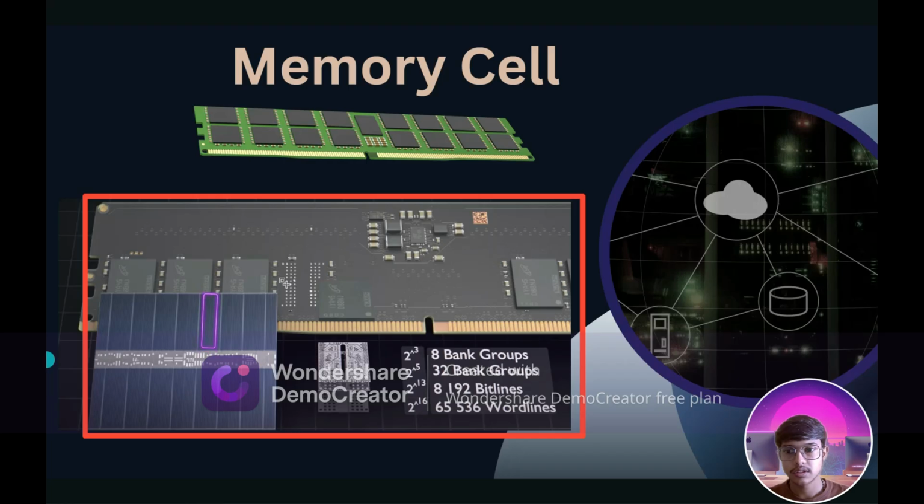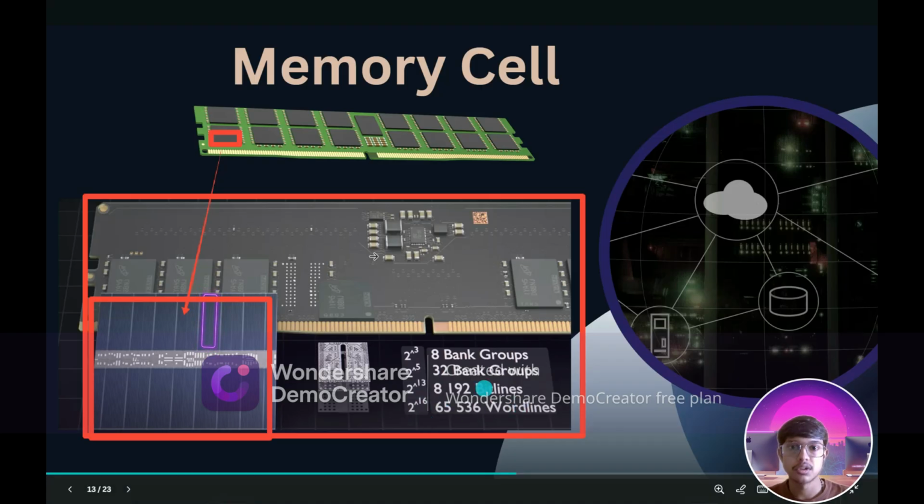All these chips are in these structures. Now all these sections which are highlighted are called banks. So there are 2 raised to 3 banks, 2 raised to 5 groups of banks, 2 raised to 13 bit lines, and 2 raised to 16 word lines.